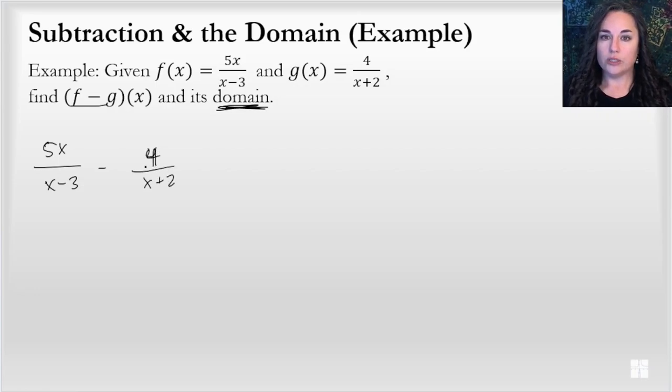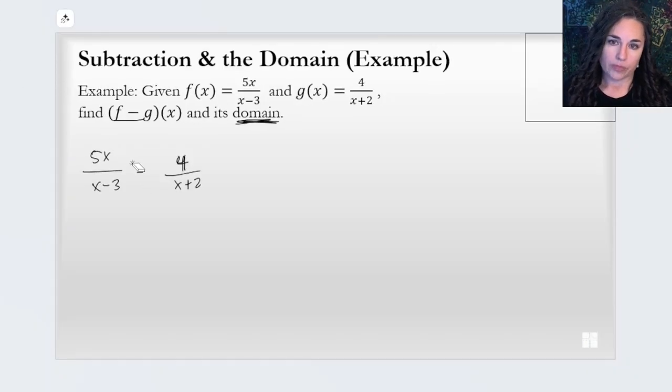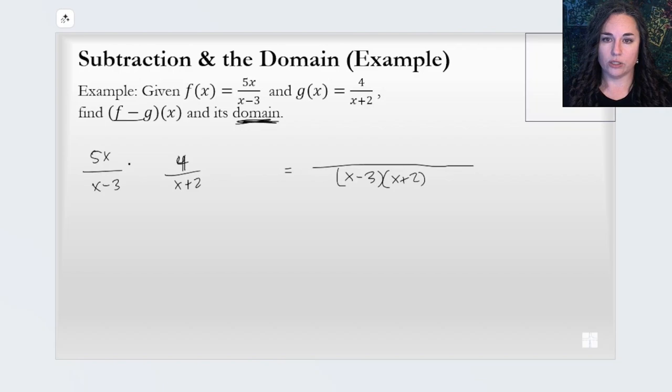So what we need to do is get a common denominator. We do not have a common denominator. So what I need to do here is multiply the original two terms by a factor of 1 in order to get a common denominator. So a common denominator that we're going to want is x minus 3 times x plus 2. That's going to be our common denominator. We're going to multiply those two denominators together.